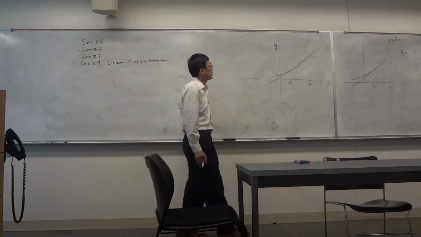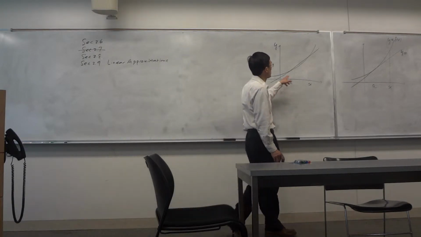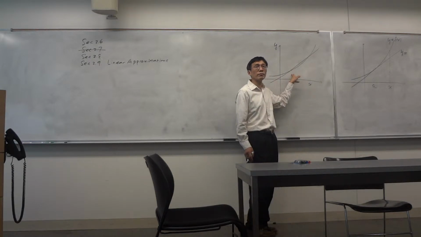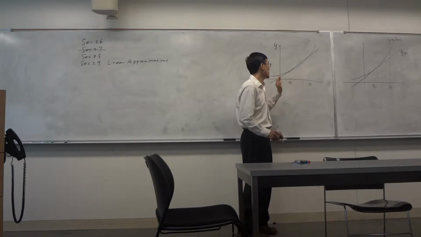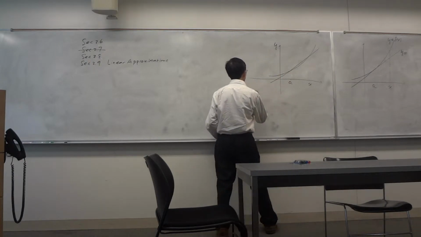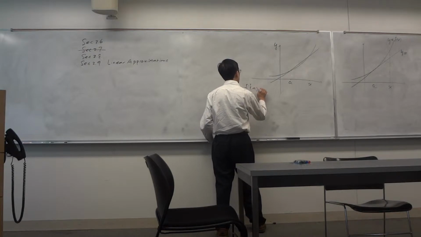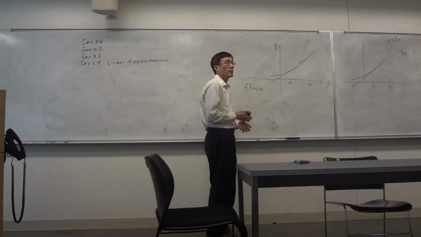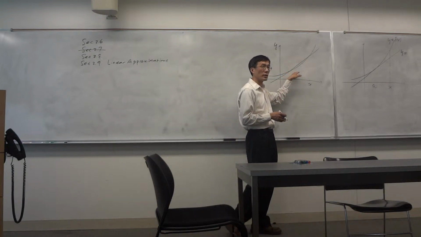The first picture is the one we use when computing f prime at point A. Basically, f prime of A is the slope of the tangent line at the point A, and that was not easy to do.